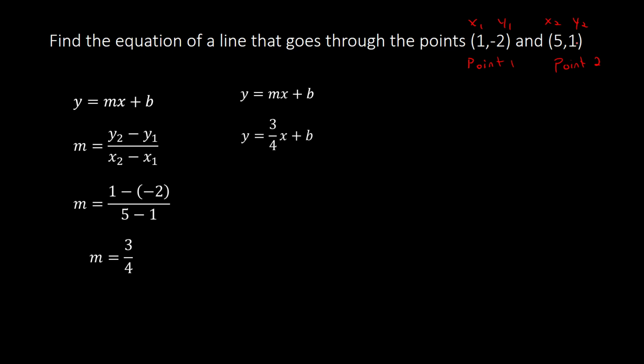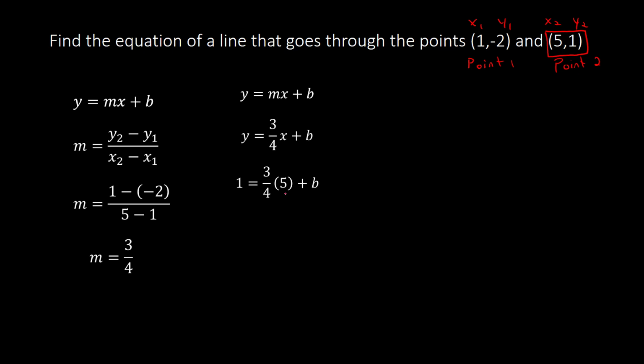It does not matter which one we pick, because we'll get the same answer either way. So if we pick the second point over here, we can plug in for x and y the 5 and the 1. So 5 is your x value, so in place of x I can plug in a 5, and then 1 is the y value, so in place of the y I put a 1.